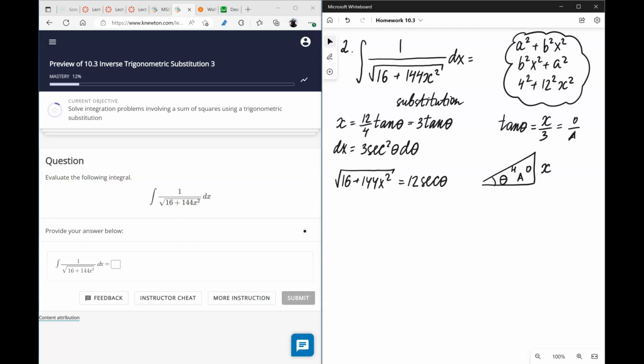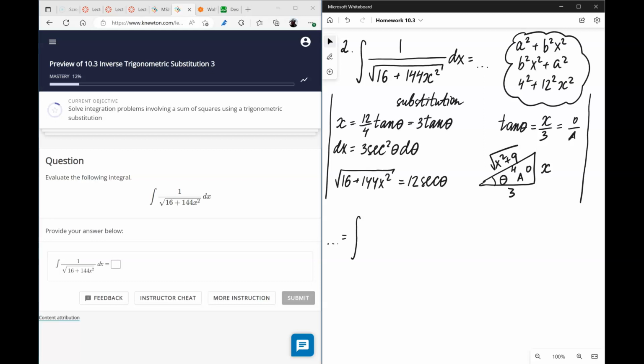So opposite side is x, the adjacent side is 3, so the hypotenuse is the square root of x squared plus 9. And because it's an indefinite integral, we don't have to worry about the limits.